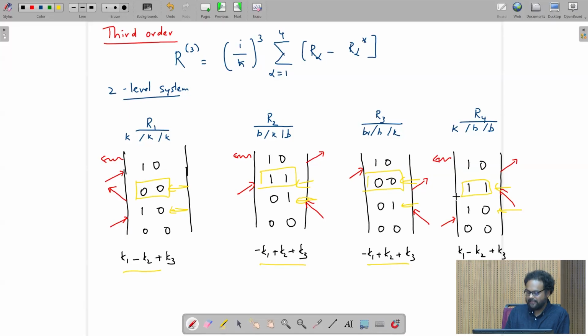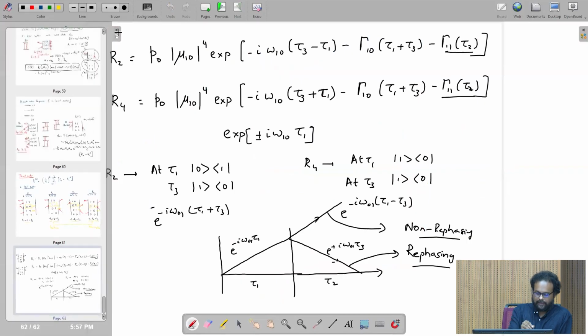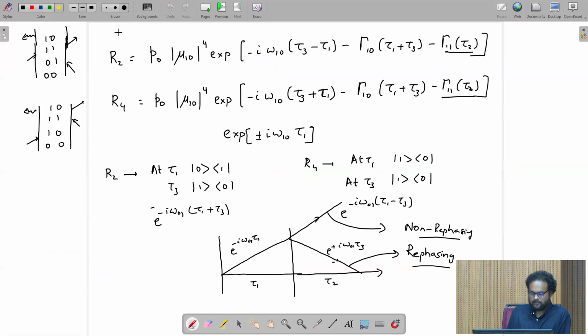Happy with that. We have also seen how R2 and R4 either invert the phase of the coherence between the first and the last interaction, or keep the same phase for the coherence between the first and last interaction. Accordingly, we have termed it rephasing and non-rephasing. And these terminologies become evident because of specific expressions that we derive for these 2 specific excitation pathways.